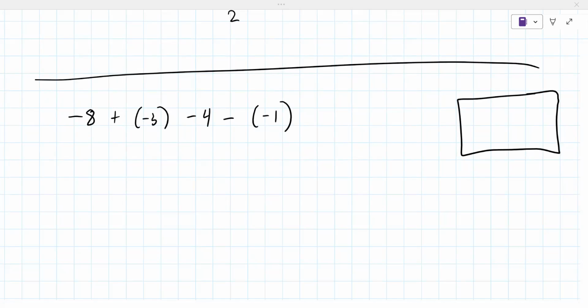That's -11. -11 minus 4. Positive. What would that be?